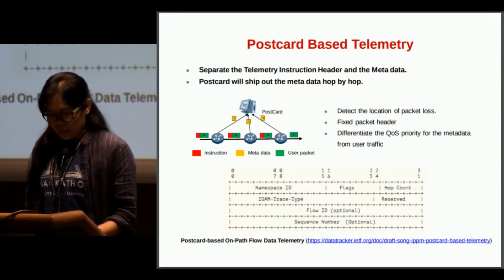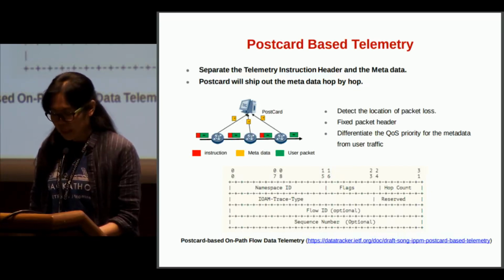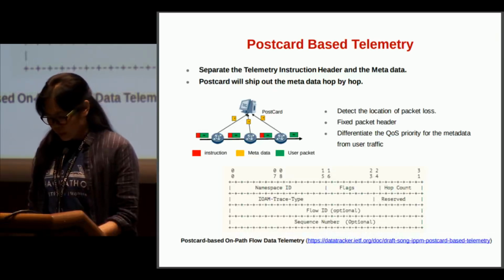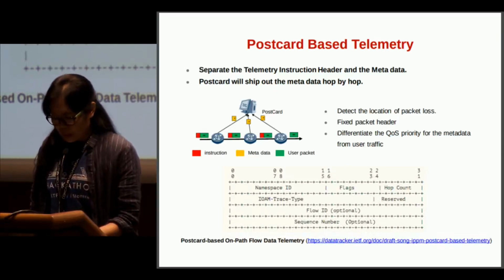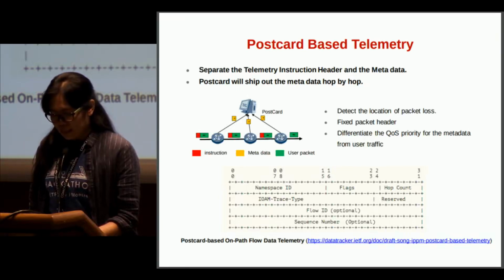So what's the difference between postcard-based telemetry and the IOAM tracing type? At first, we separate the telemetry instruction header and the metadata. Like this picture shows, the red one is the instruction, and the yellow one is the metadata.